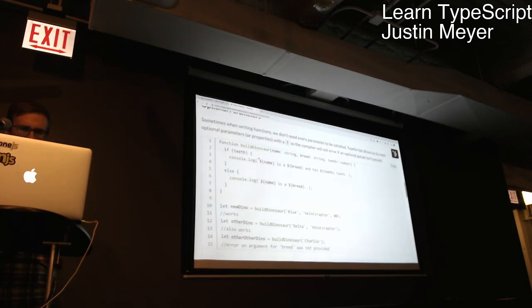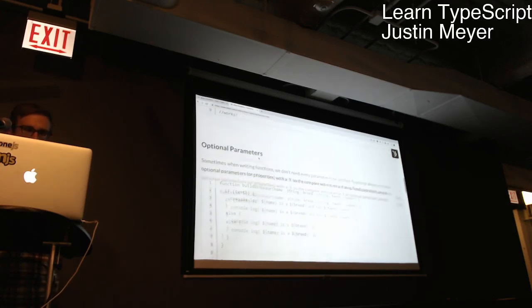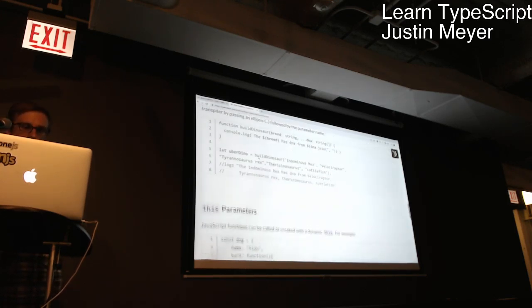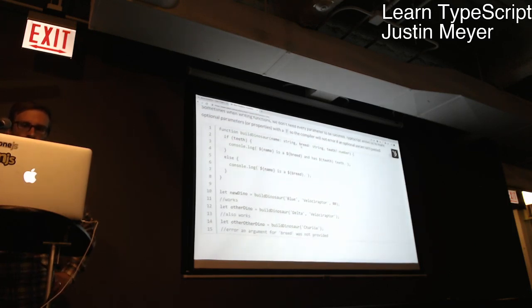TypeScript supports all of the fancy ES6 things you can do with functions, such as optional parameters, rest parameters, things like that. Let's take a look. If you wanted to say teeth does not have to be provided, you put a question mark and then the type. This allows me to call build dinosaur with the number of teeth or without the number of teeth.